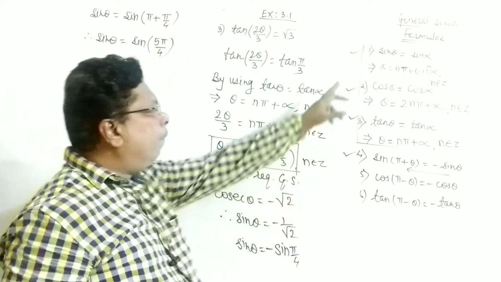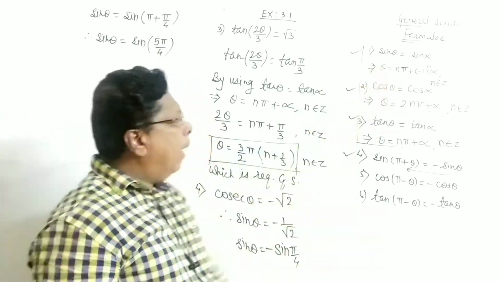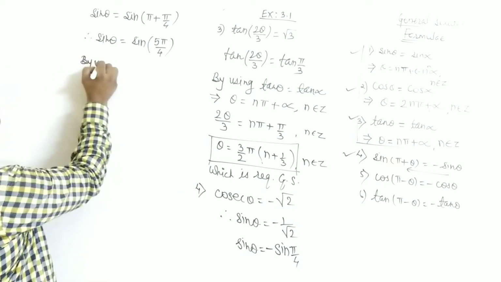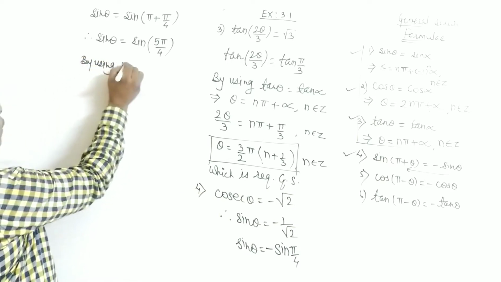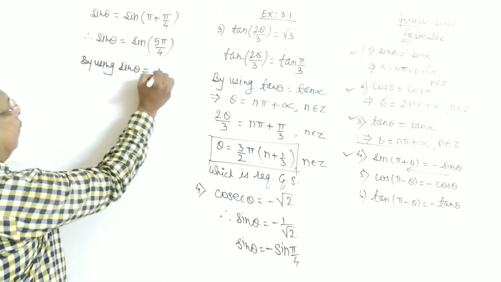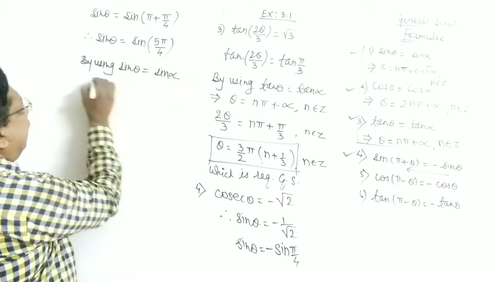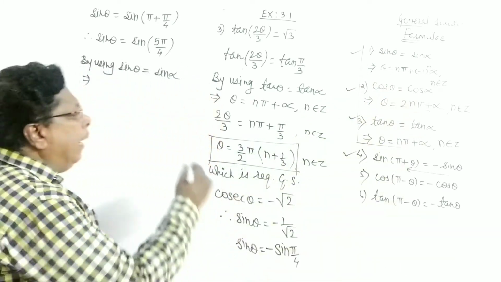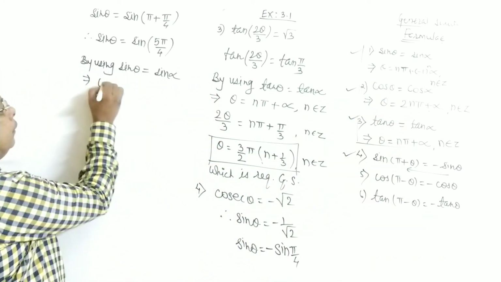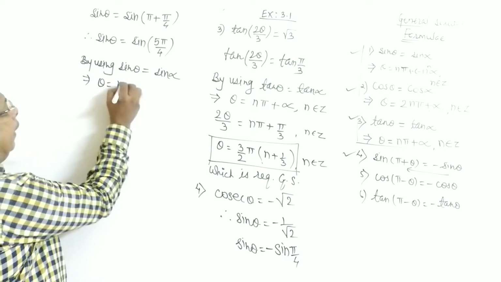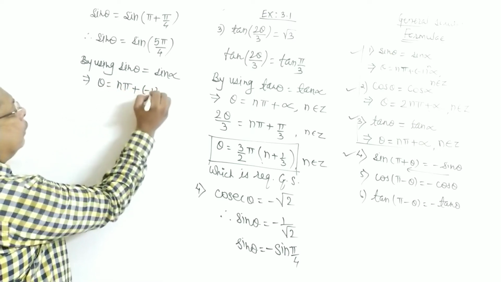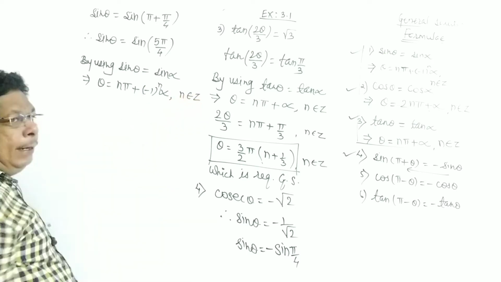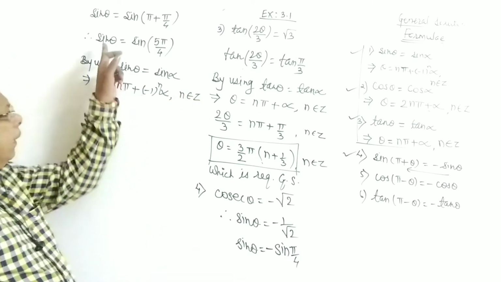And then use the first formula. By using the first formula, sin theta equal to sin alpha implies theta is equal to n pi plus minus 1 raised to n into alpha, n belongs to Z. What is theta?